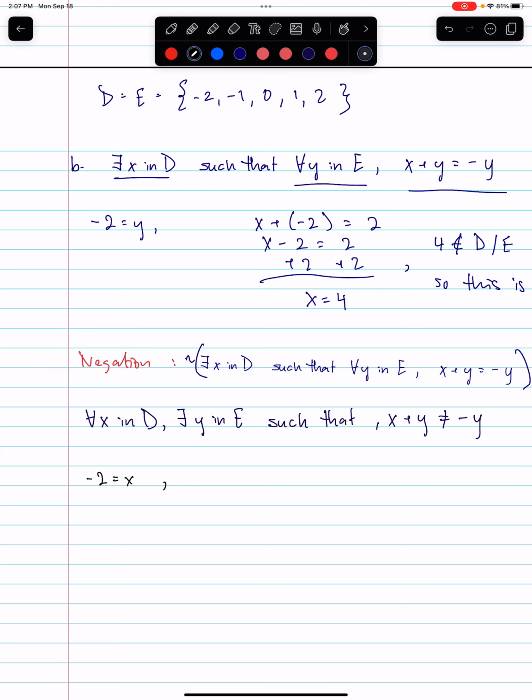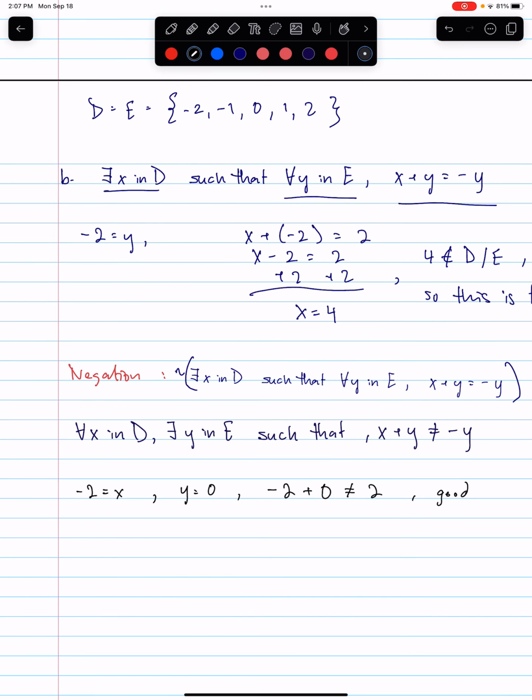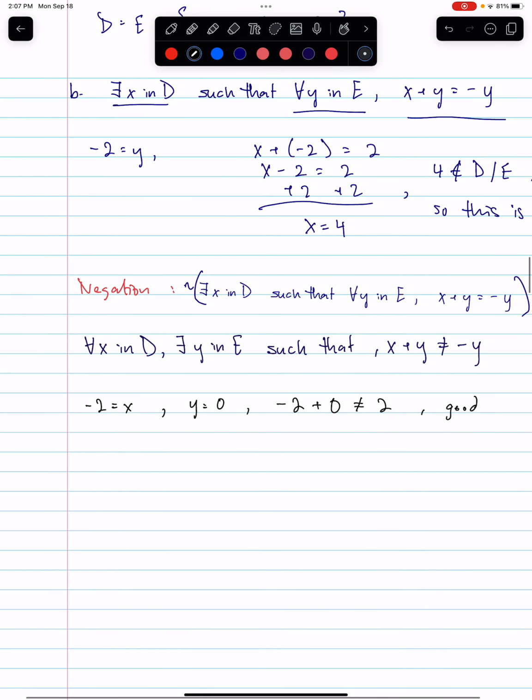And we'll get some random y, we'll say y equals 0. Negative 2 plus 0 does not equal 2, right? So that's good for this trial. And you'll see that if you just continue throughout the whole set, this is actually true. So the negation is true. So the statement is false.